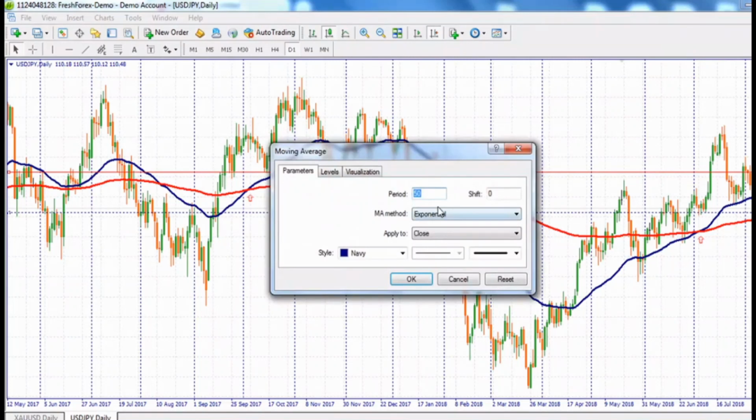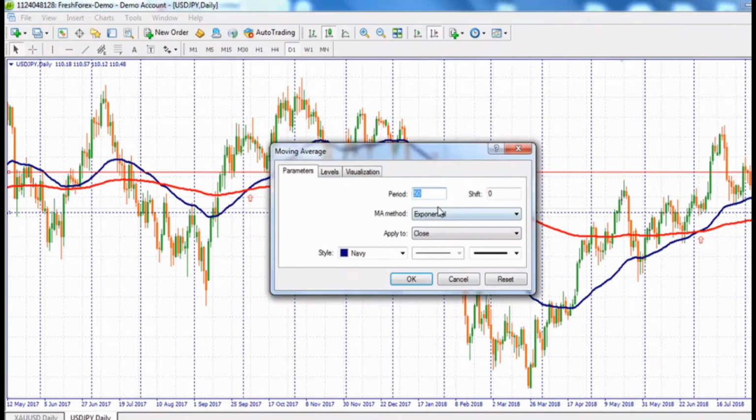Somebody could use 80 in place of 50. That is still correct. Whichever they're using, 50 or 80 or 100, the result should almost be the same. So how I came up with the numbers I've mentioned, you actually have to learn how to use the strategy tester.